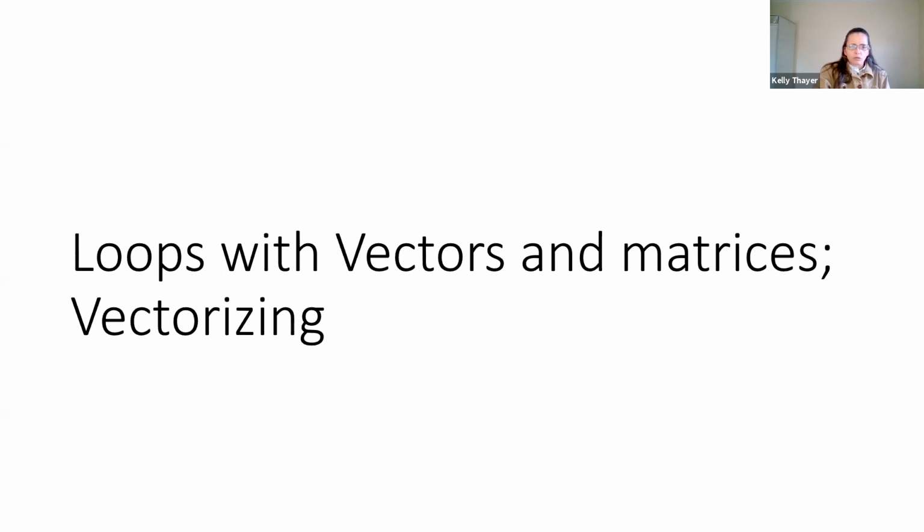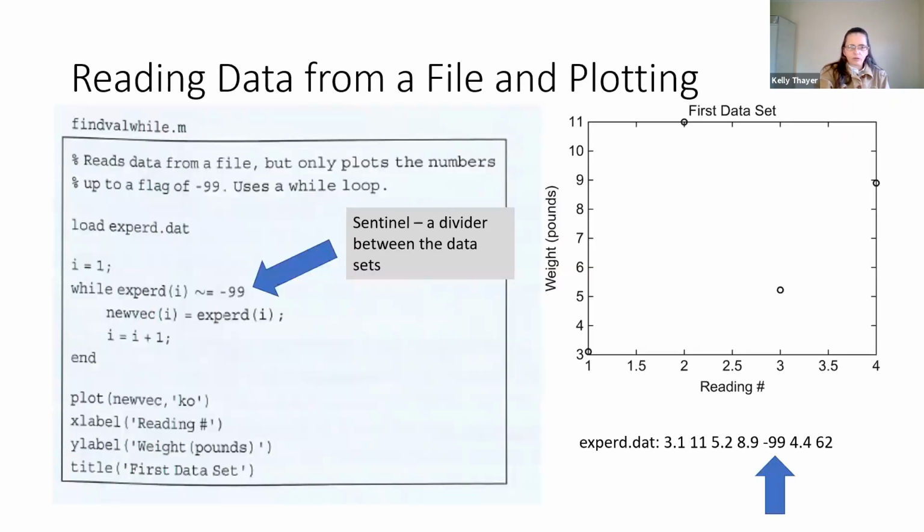So we can also use loops with vectors and matrices, and we can also vectorize. What we can see here is that we can read data from a file and do some plotting with this. It's going to read data from a file, but it's only going to plot the numbers up to a flag of -99. This is really interesting because it also illustrates this idea of a sentinel, which is a divider between the data sets.